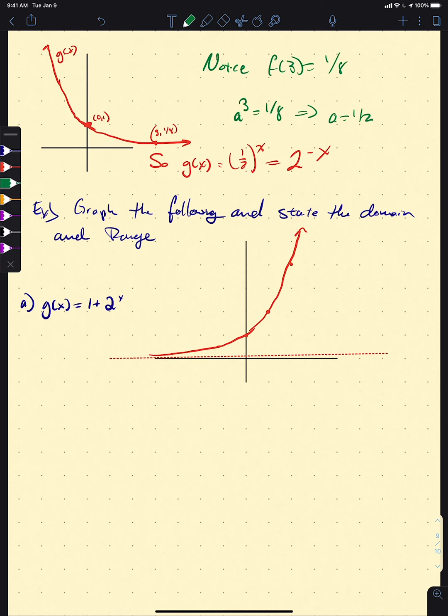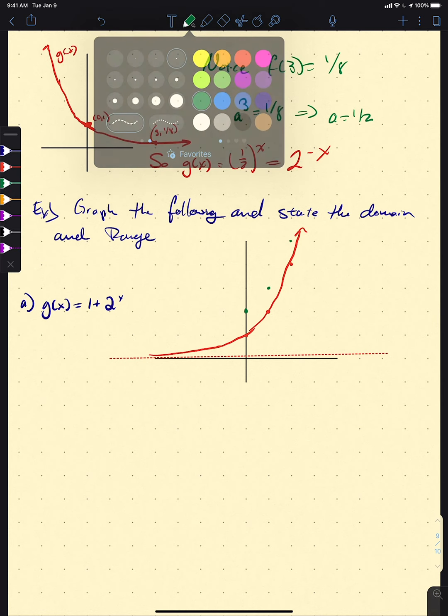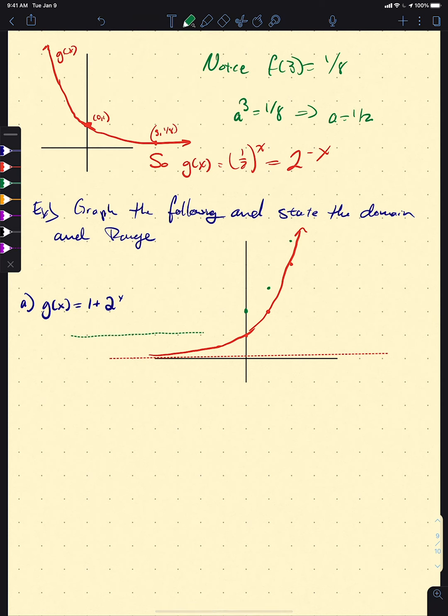The moment that we shift this up 1 unit, each of our points moves up 1 unit, along with our horizontal asymptote. And so this is what our graph becomes, right? This is g of x.